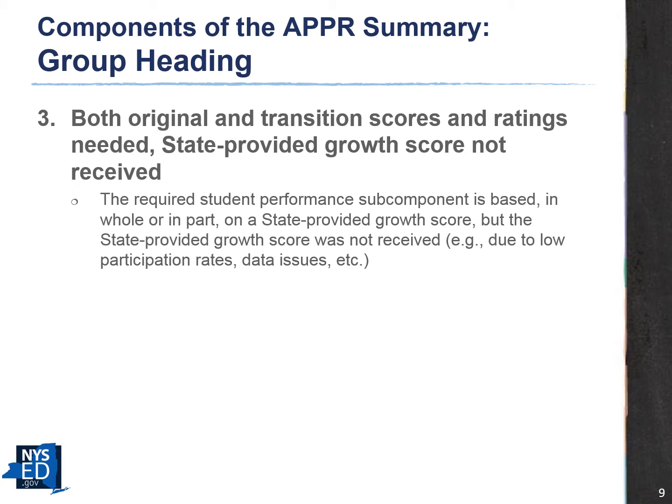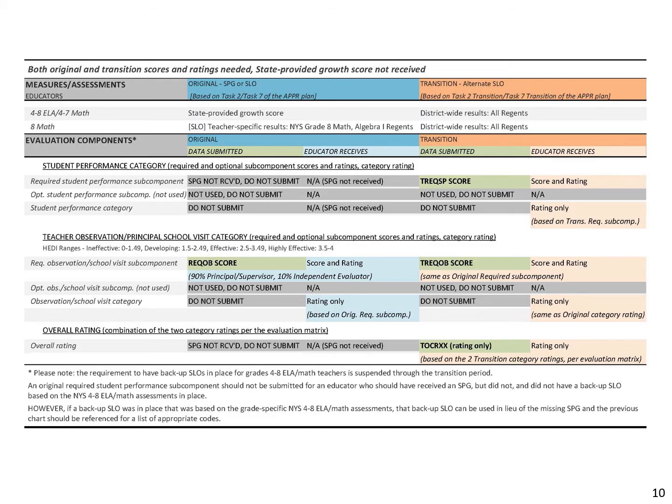The required student performance subcomponent is based, in whole or in part, on a state-provided growth score, but the state-provided growth score was not received, e.g., due to low participation rates, data issues, etc. The final group of the APPR summary contains information related to educators who need both original and transition scores and ratings, and who should have received a state-provided growth score, but did not.